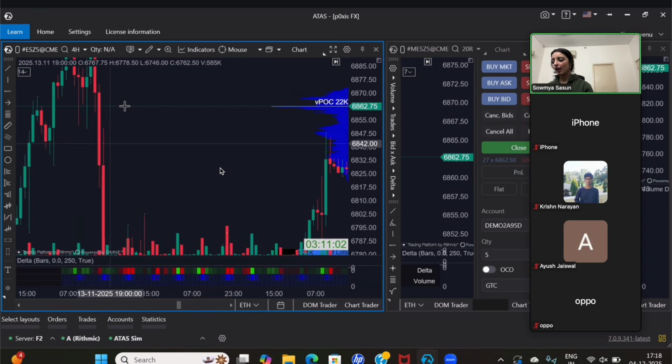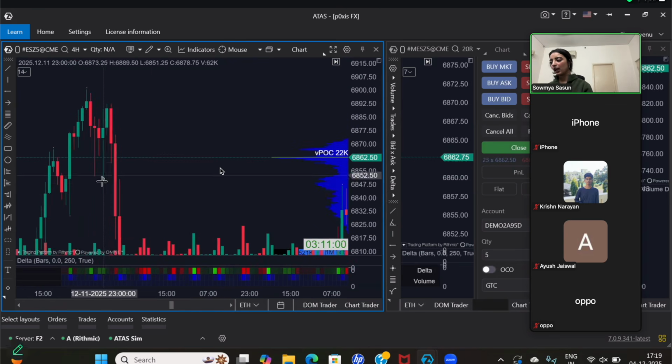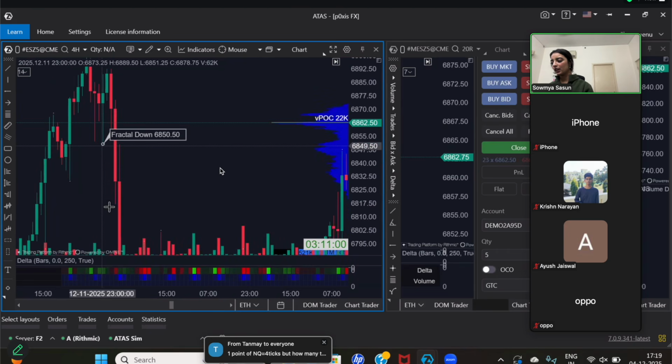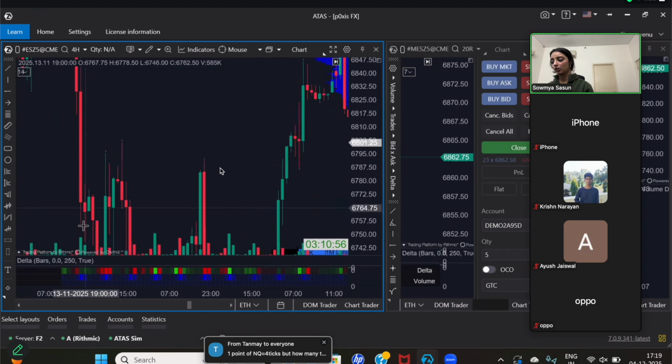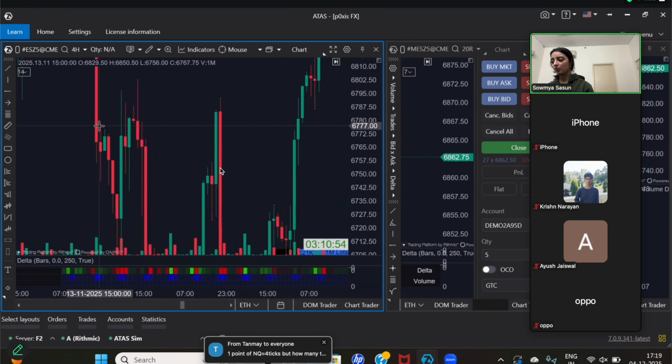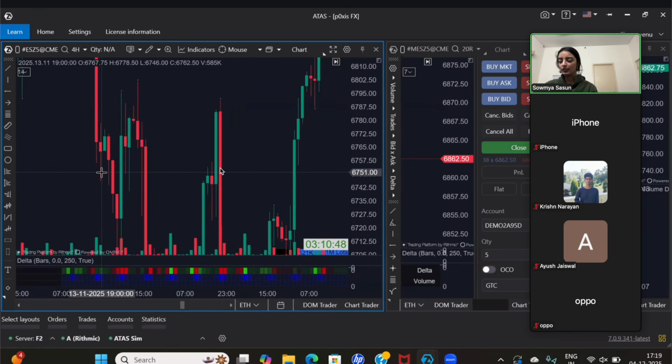Now, one candle moved this much, the other candle moved this much, the other candle moved even further. There is another candle which moved only this much. But all of the candles took 4 hours to be formed, right?